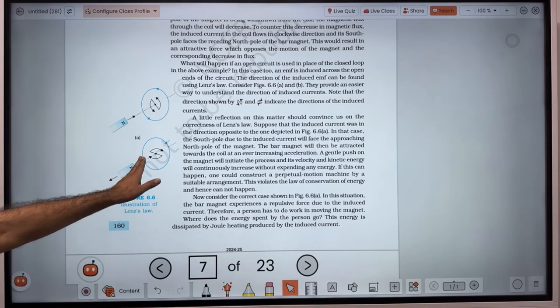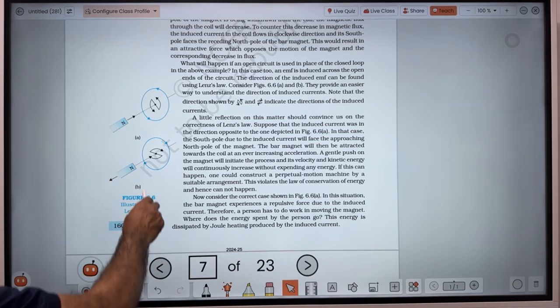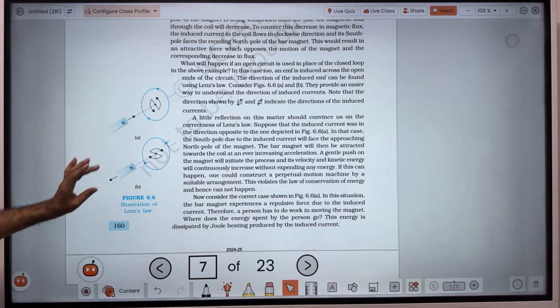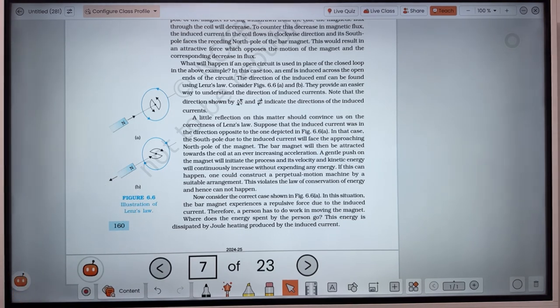Similarly, if you are taking it away, then what happens? Then you have to do certain work against the force of attraction, and that work is converted into energy, and that appears in the form of EMF. So it is clear that there is no violation of the energy conservation principle in this case, right?